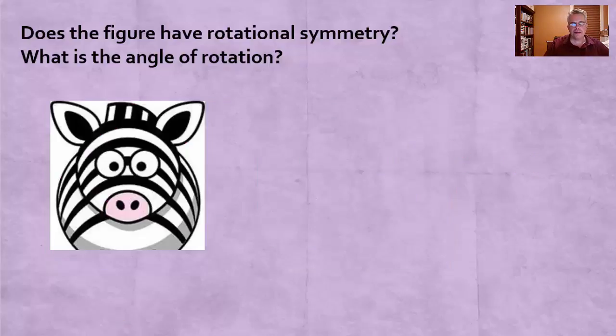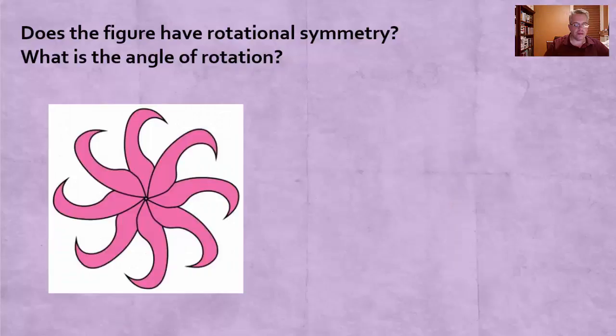Okay, take a look at this guy. Well, not him. This one. We'll get back to the zebra. Alright, so this time it's kind of got complicated. Hard for me to draw lines from the center to the tips, but I'm just going to count how many times we can turn this until we get it all the way around.